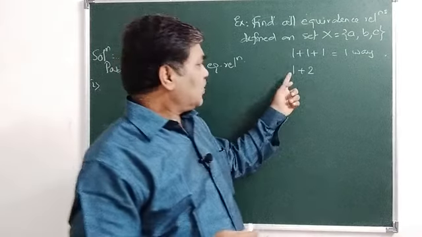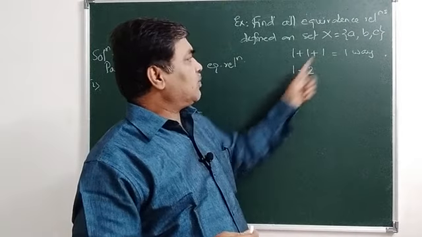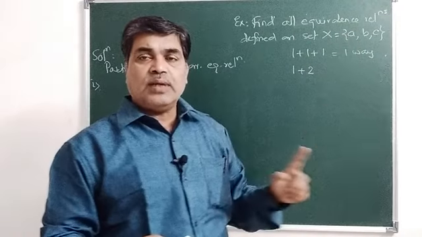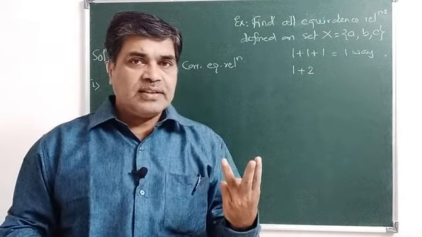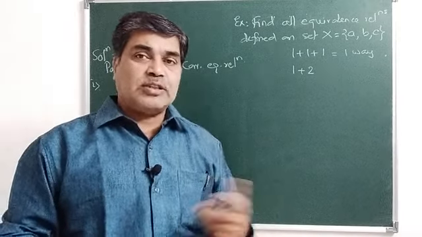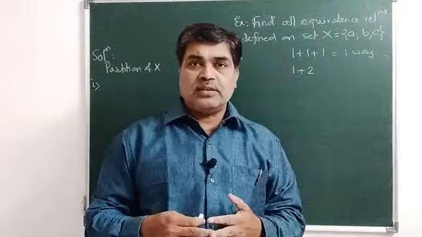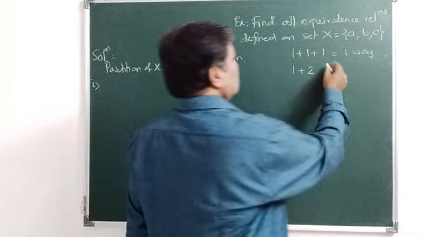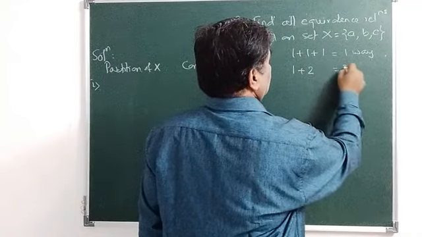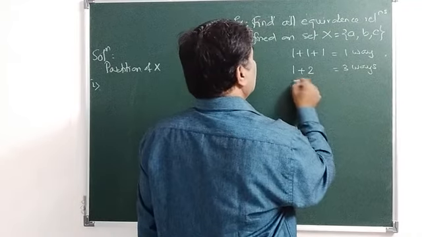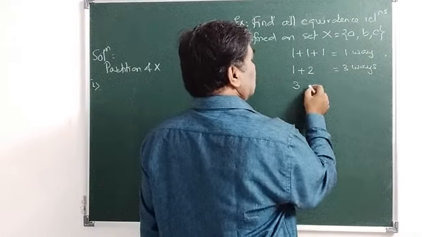So what are the possibilities for taking a single set from three elements? The number of ways of choosing one element from three elements is 3, or the number of ways of choosing two elements from three, 3C2, is also 3. So this is 3 ways. And lastly, the partition 3, that is the whole set.